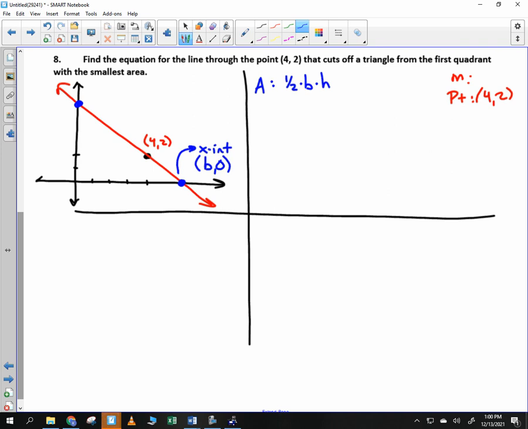And we're going to say that this is a y-intercept, and we're going to call it, anybody know? 0, h. Good job. Well, now it's not too bad. We're going to write an expression for b, and then we'll write an expression for h.